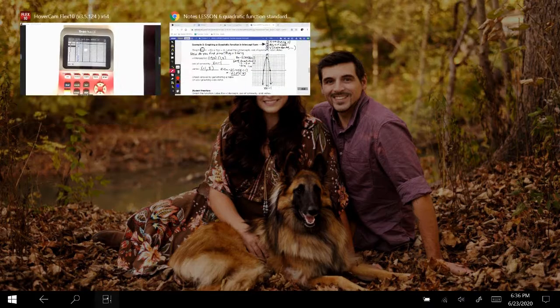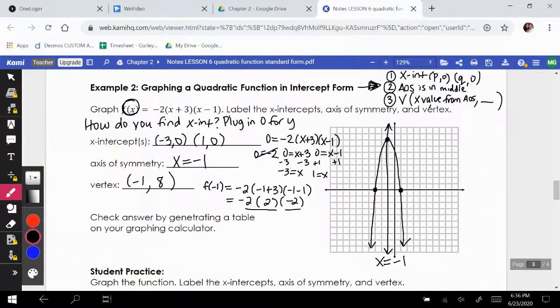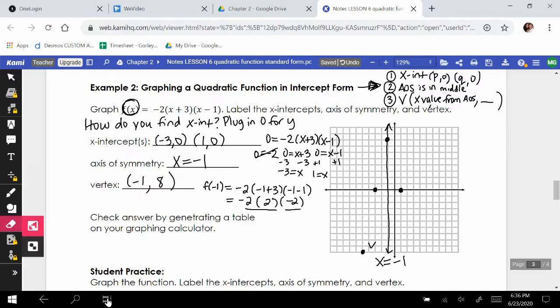So let me go back and see if I have all of those points. -4, -10 would be right here. So we could actually make our graph just a hair wider than what it was before. So I'm going to make sure it goes through that point right there.